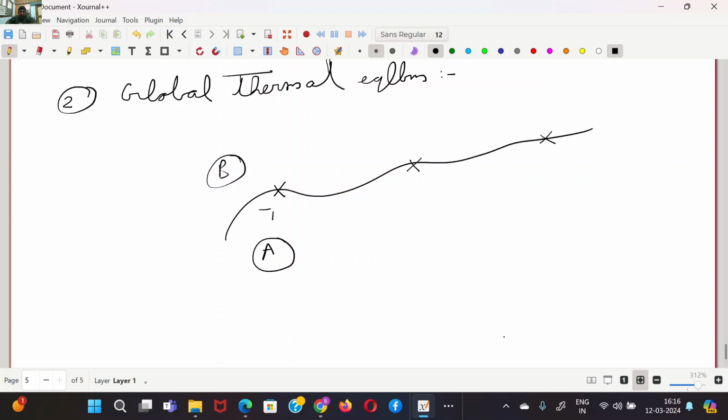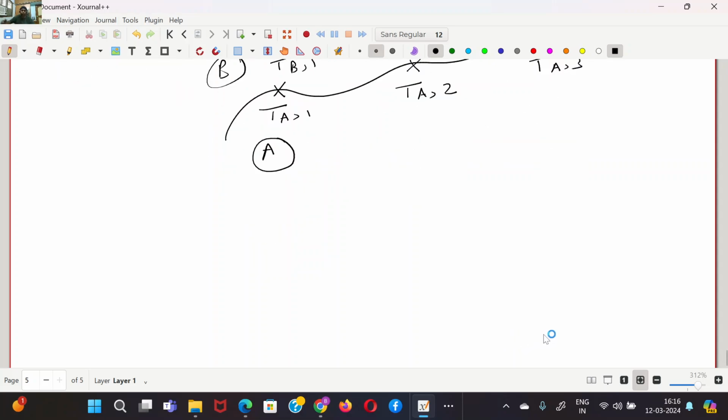On this side the temperature is TA1, here it is TB1; at point 2, TA2, TB2; at point 3, TA3, TB3. What global thermal equilibrium says is that across the interface on both sides the temperature will be continuous. That is, TA1 equals TB1, TA2 equals TB2, TA3 equals TB3.